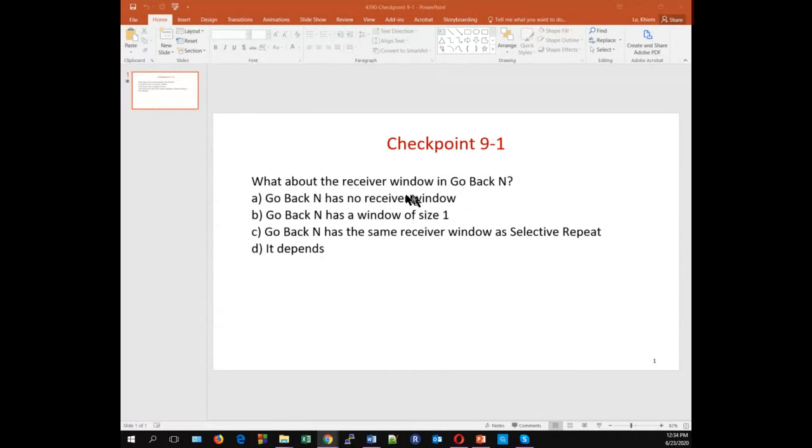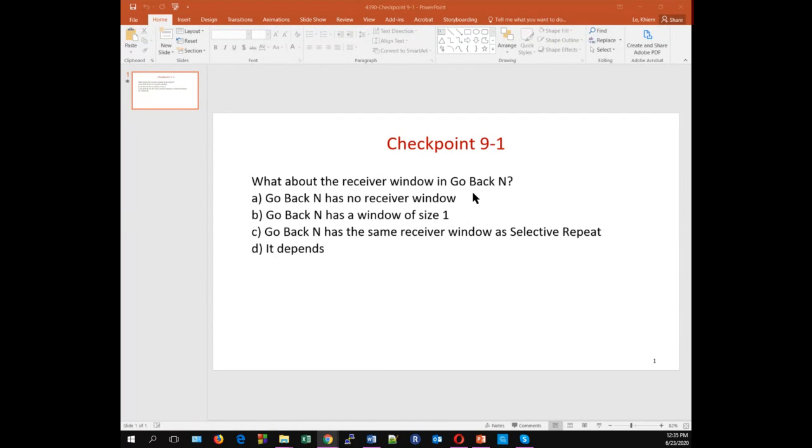In Go-Back-N, remember, to answer this question correctly, you need to remember the definition of the receiver window. The receiver window is, by definition, the range of sequence numbers that will be accepted by the receiver.